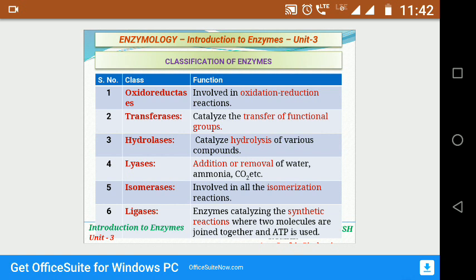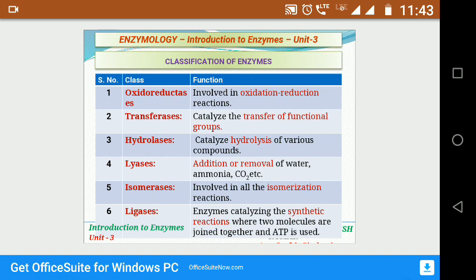In a reduction reaction, one molecule is reduced, that means it receives electrons or hydrogens. When it is oxidized, the electrons are being released by that substance. So addition of electrons is reduction, and removal of electrons or addition of oxygen is known as oxidation. So it depends on the electrons only.